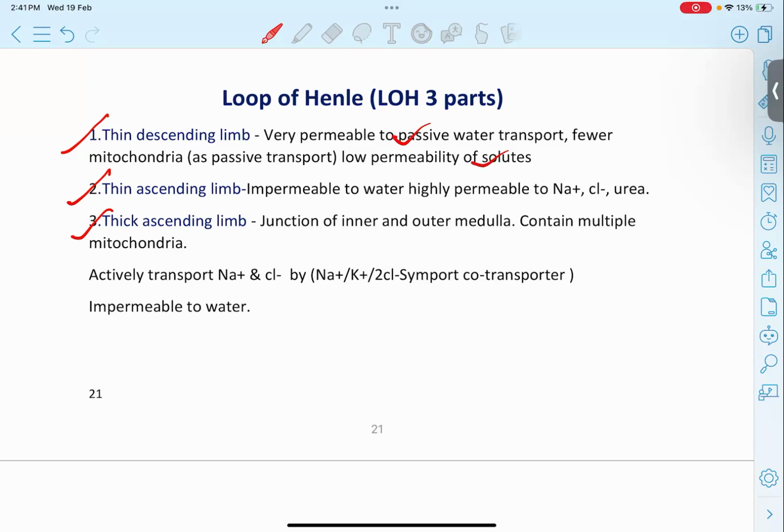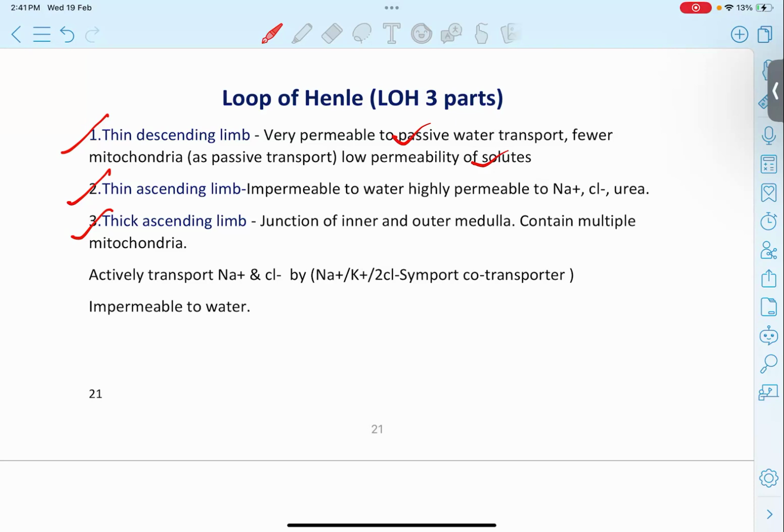Water can pass through passive transport, but to transport solutes we need some active transport, either through the sodium potassium ATPase or a sodium SGLT pump. So we need energy for active transport. Since the thin descending limb has few mitochondria, active transport does not happen, but it is permeable to water.